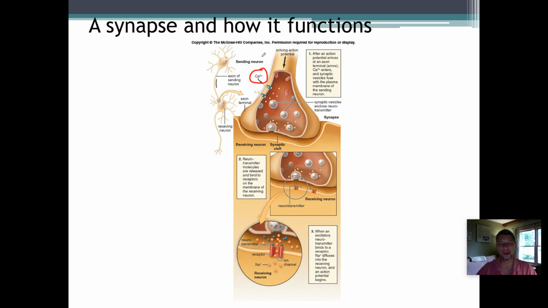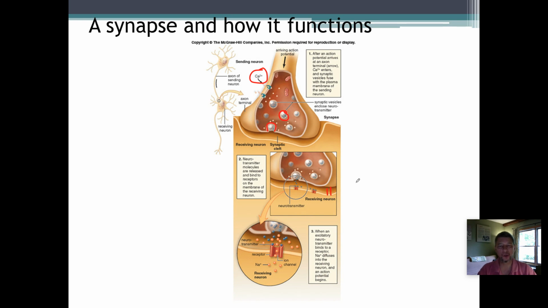And what that does is it causes the synaptic vesicles, there's one right here, to fuse with the synaptic membrane. And all the chemicals here are then released into the gap. All right, and so this space right here, that's the gap between the axon terminal of one neuron and the dendrite of the next neuron, for example.